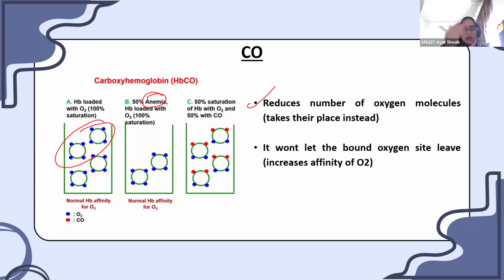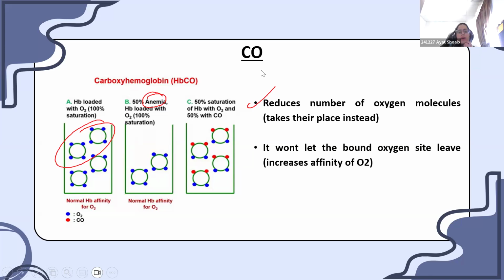And in the saturation one, it's still completely saturated, right? So it's 100% saturation. Even in 50% anemia, when the number of hemoglobin molecules is reduced, you can still see that the oxygen comes and binds to all of the binding sites, right? So there's still 100% saturation, okay? The concentration lowers, but the saturation is still the same.